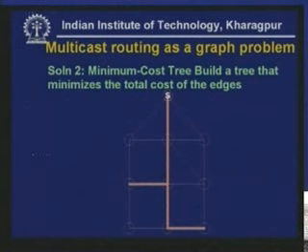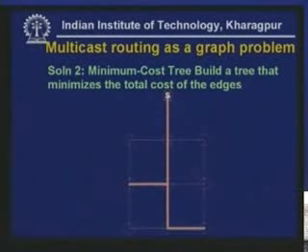A second solution to the same problem: if you remember the other graph, this graph looks different because this is a graph where it minimizes the total cost of the edges. If you do not know who your sender is going to be, that means any member of the group can be a sender, then of course it makes sense to make the tree in such a manner.